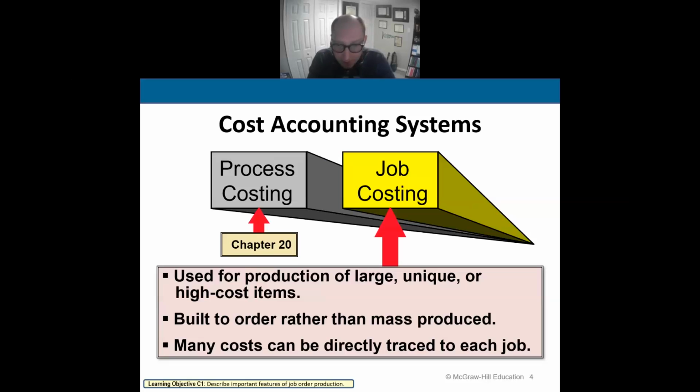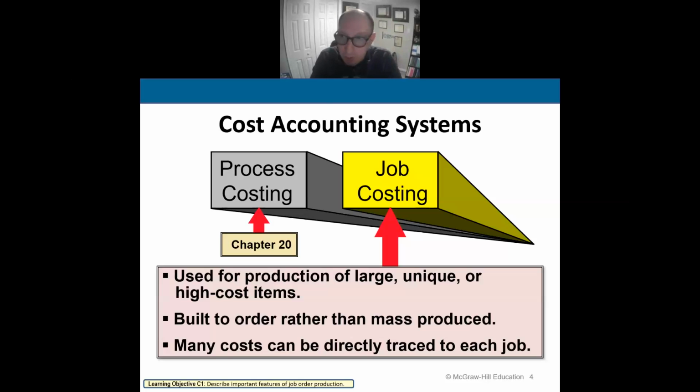I can directly trace direct materials and direct labor to each job, and I can also trace some factory overhead to each job. That's what job order costing is. It's specific, it's unique, and it's based on the customer's order. So when you hear job order costing, think unique order from the customer.